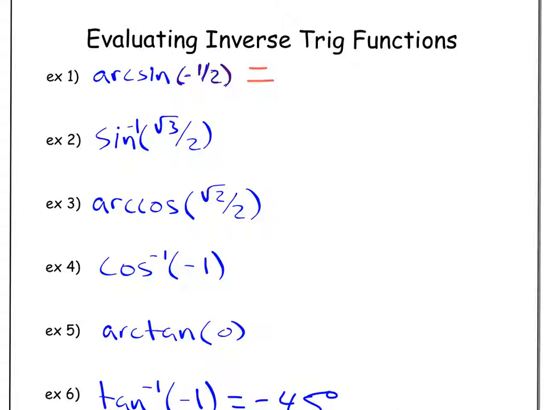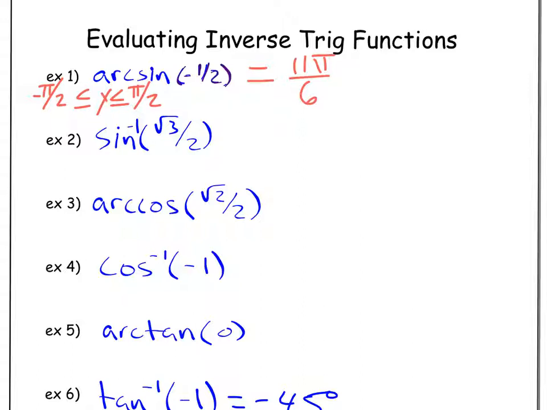All right? Now, the most common answer that comes up when we look is 11 pi over 6, which it isn't. Okay? Now what's going on here with inverse sine is that our answer, like we saw on the other slide, has to be from negative pi over 2 to pi over 2.